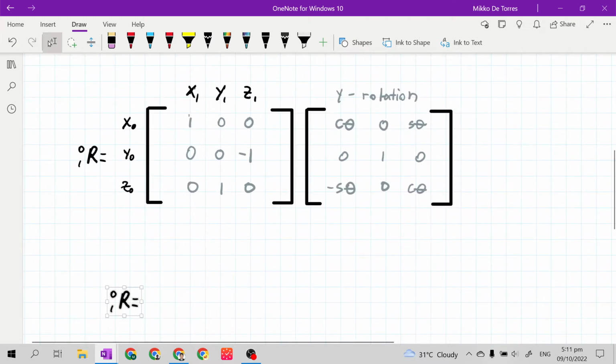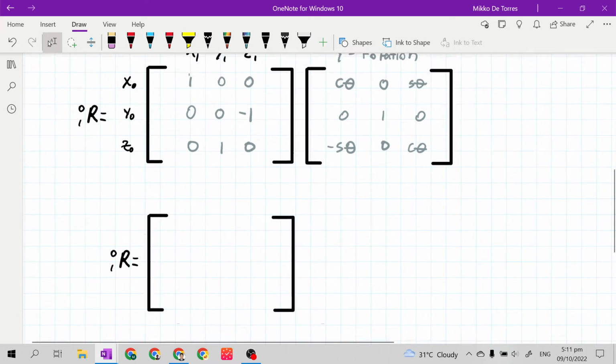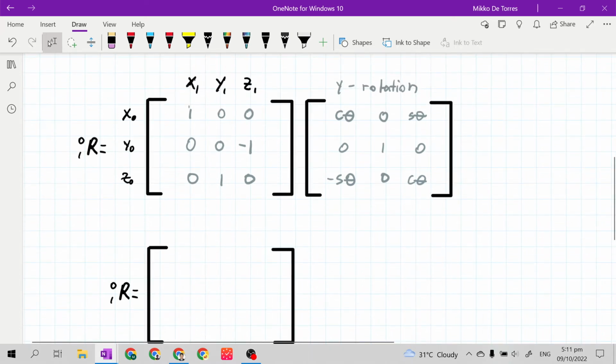Okay, so we may do it in MATLAB, or we will do it manually using the rules of 3 by 3 matrix multiplication.